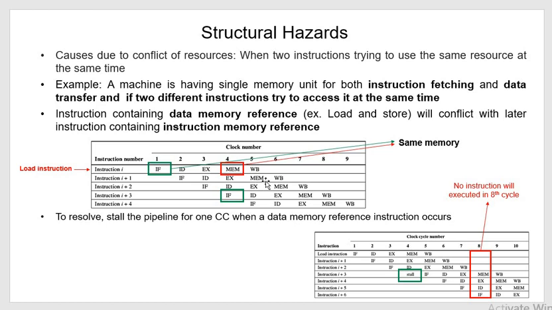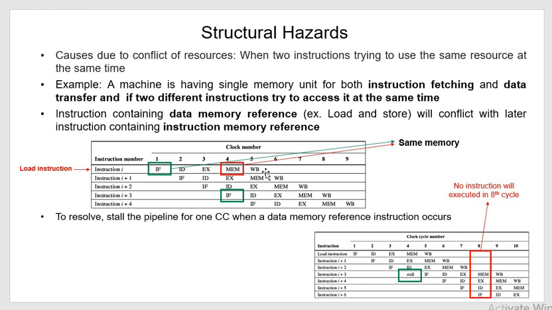If we assume the program is written in such a way that only the first instruction accesses the memory in the fourth cycle of its instruction cycle, and no other instruction accesses the memory in its fourth cycle, then in the fifth clock cycle the second instruction will not access the memory.